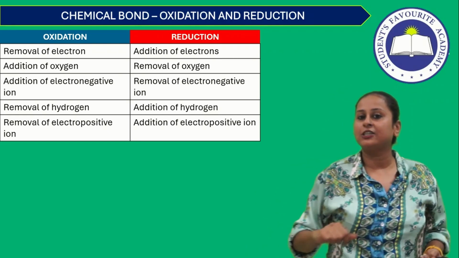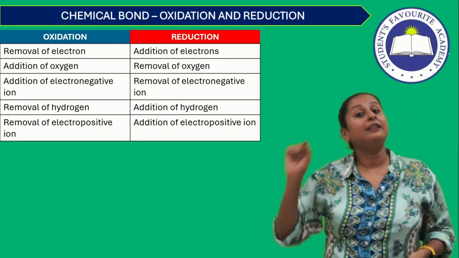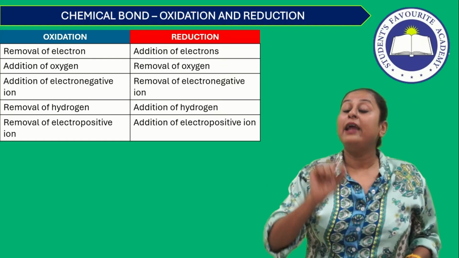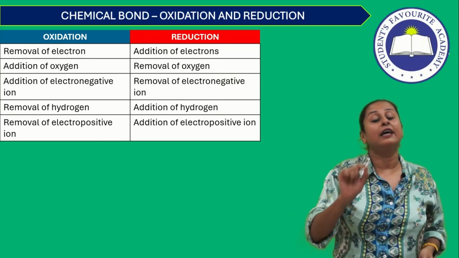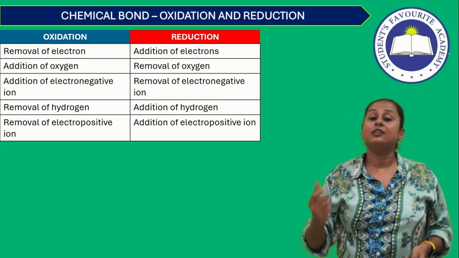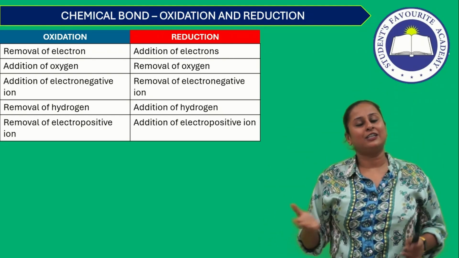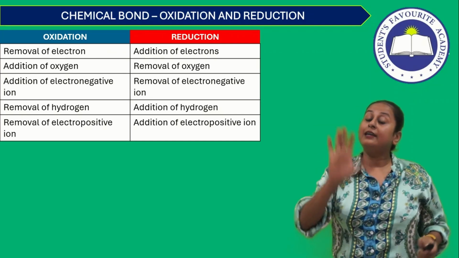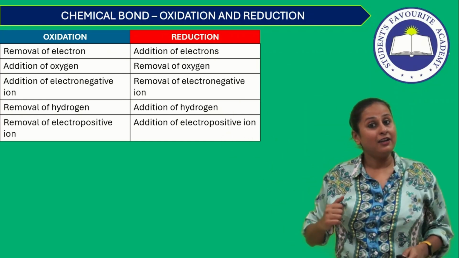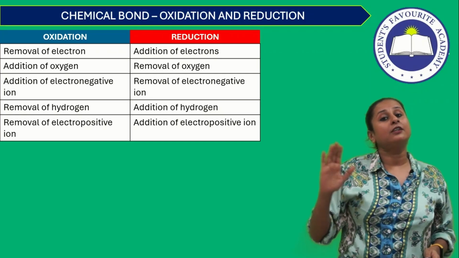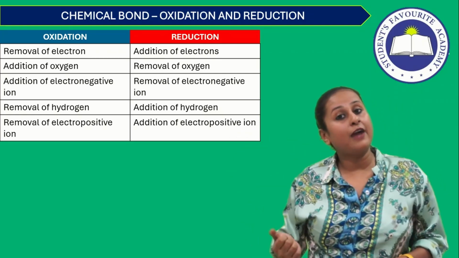Similarly, what is reduction? Reduction, RIG, that is OIL RIG. So reduction is gaining. Reduction is when you gain electrons, and it is the exact opposite of oxidation, so it should be very simple for you. Reduction is losing oxygen or oxide ion. Reduction is also losing any electronegative ion.